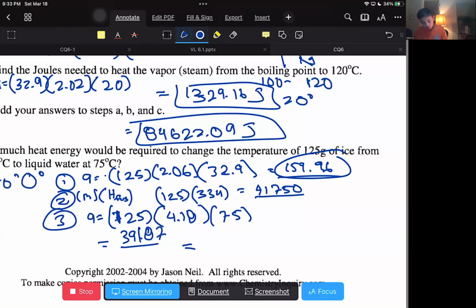Yeah, this shouldn't be 51594. This should be 8471. So you add up all these together: 8471 plus 41,750 plus 39,187. There you go. Should get 89,408.